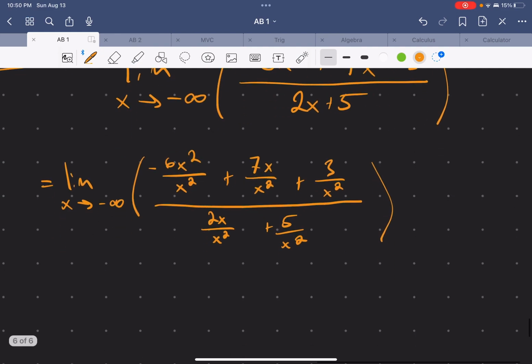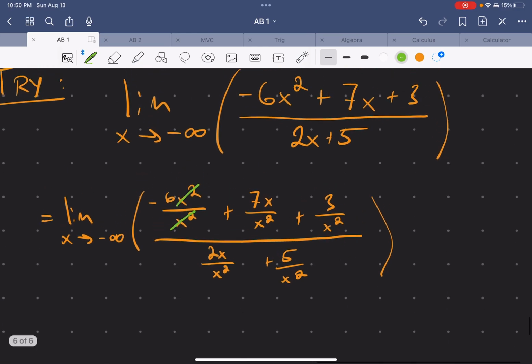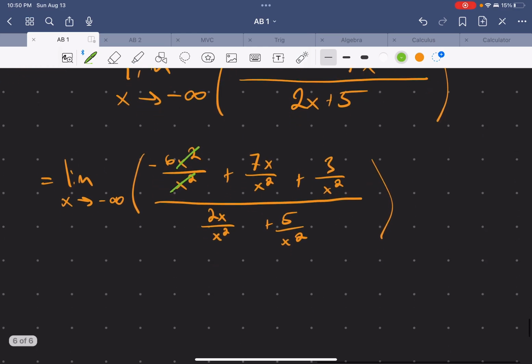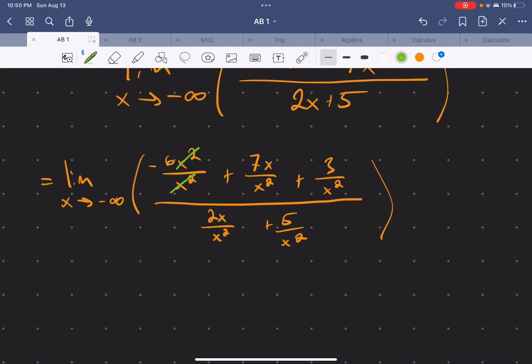Now that I've done that, I can go through and simplify some things. The top left fraction, I've got x squared on top and the bottom, so those are going to cancel out. And then the next one is 7x over x squared.